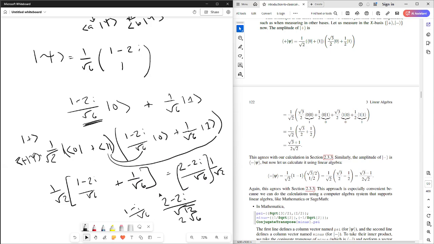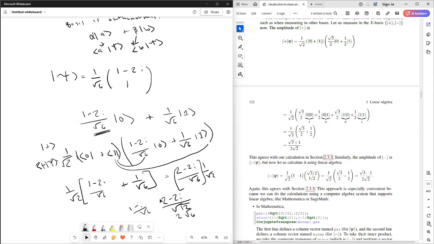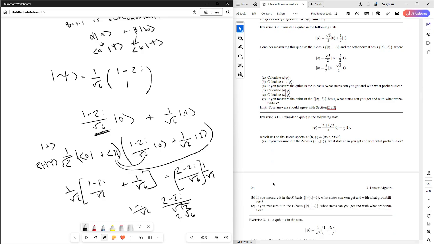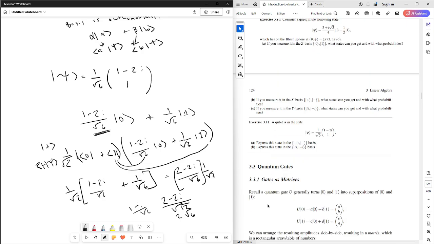Okay. Verifying. That's number 3.11. Yes, 1 minus i over square root of 3.